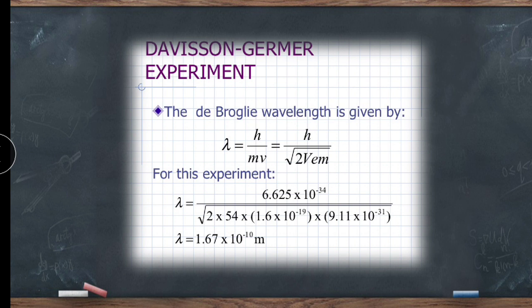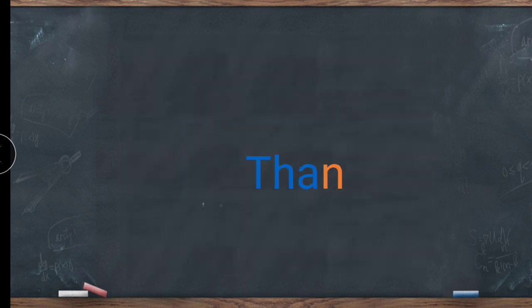So what does it prove? Here we can prove that the electron shows wave nature, right? Matching of the two values shows that the electron represents wave nature, and this is the successful point of the discovery of the Davisson and Germer experiment. So friends, now we are going to stop.